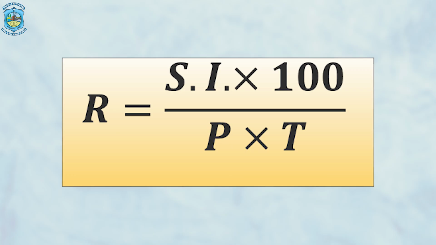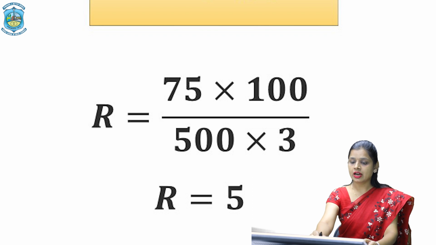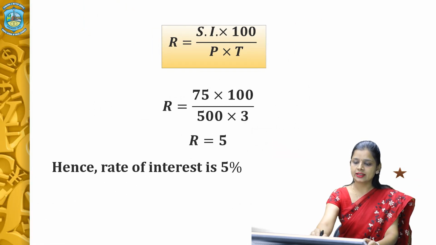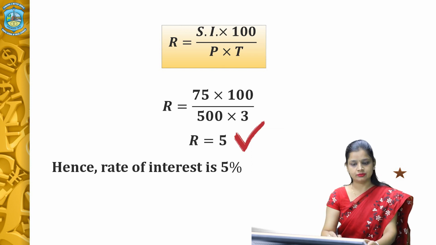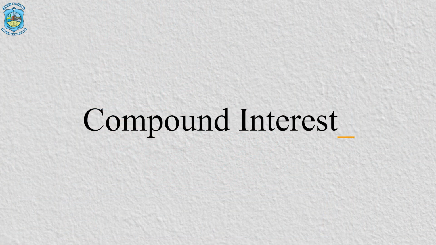We get R equals simple interest multiplied by 100 divided by P into T. We substitute the values of SI 75, P 500 and T 3. Now, we simplify this term, we get 5. Hence, in this case the rate of interest is 5%. Now, we move to our next topic, compound interest.